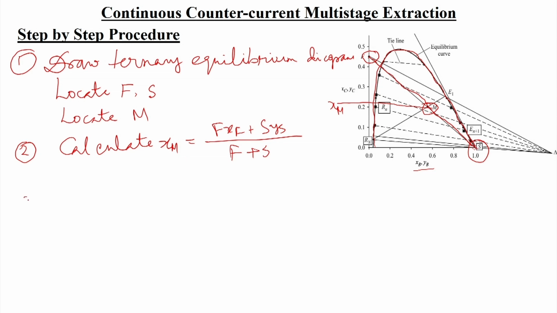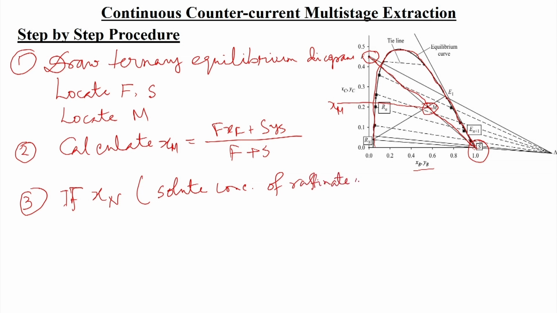Okay. Then the third stage will be like this. If the solute concentration at the raffinate of the final stage is known, that is x n, the solute concentration of the raffinate leaving the last stage, the nth stage, is known, then R n and m are joined.